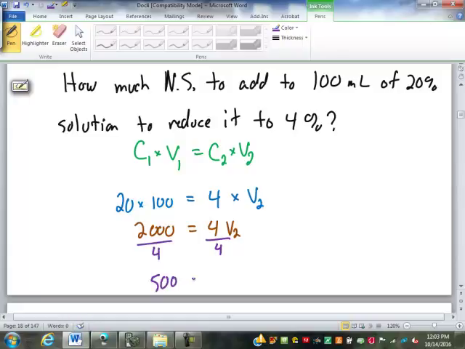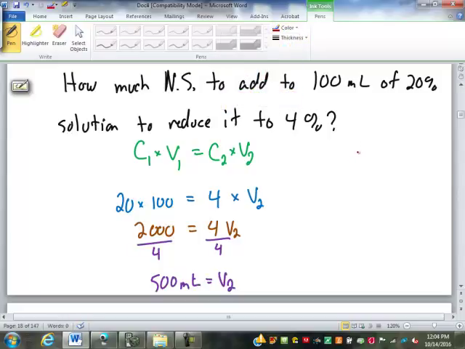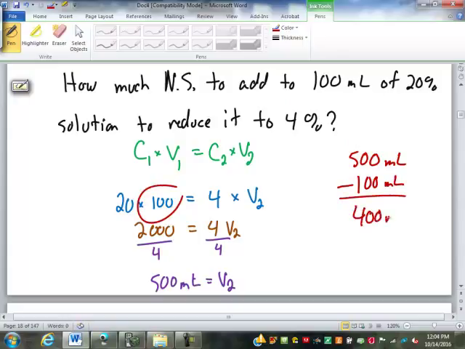V2 is 500 milliliters. Is that our answer? No, what do we have to do yet? You got it. 500 milliliters minus the 100 milliliters that we had before gives us a difference of 400 milliliters. The saline has to be used to make up the difference.